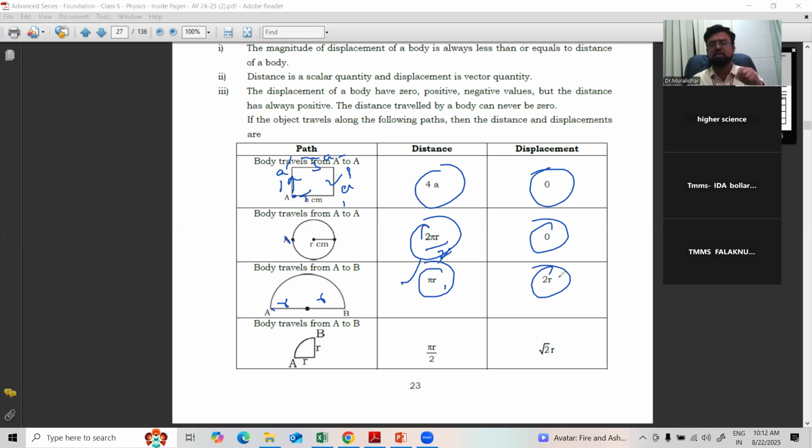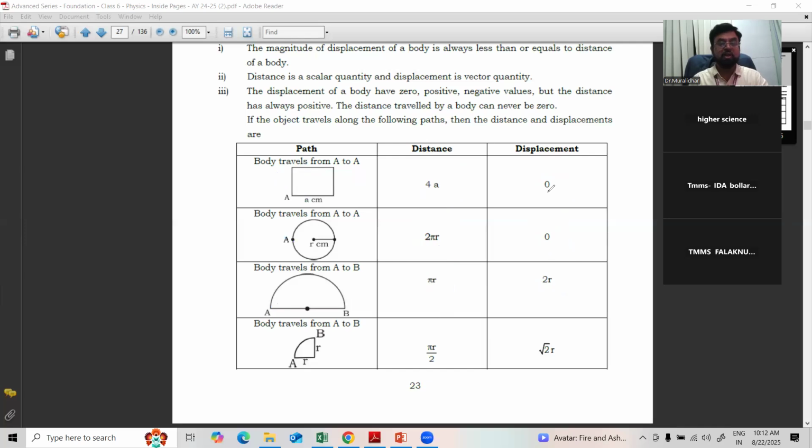So in every case, whatever the shape or path, we can find the distance as well as the displacement. Now, next one. A body travels from A to B along a quarter of the circle. So full circle, half circle, quarter. Quarter means 2 pi r by 4, so pi r by 2 is the distance traveled.